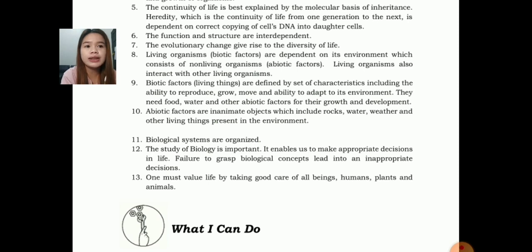It enables us to make appropriate decisions in life. Failure to grasp biology concepts leads to inappropriate decisions. 13, and the last one, we must value life by taking good care of all beings: humans, plants, and animals.